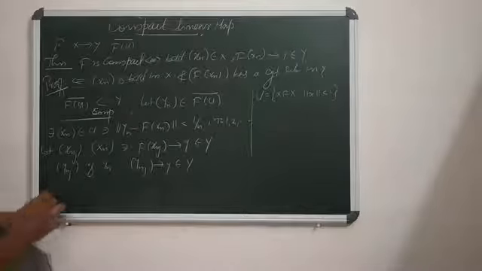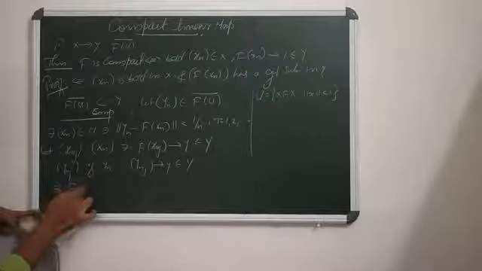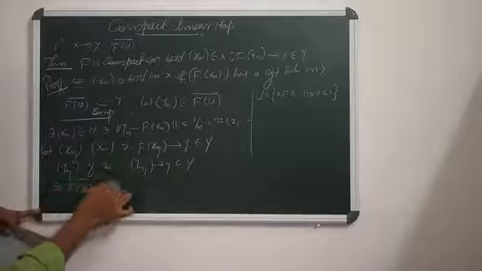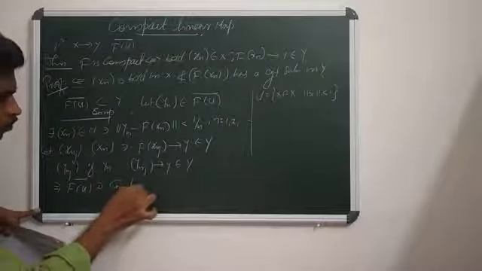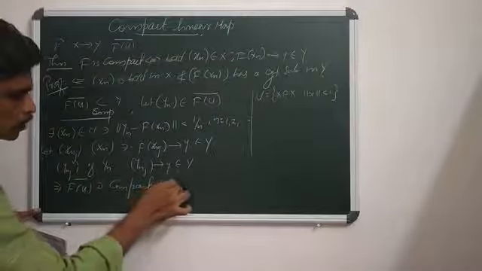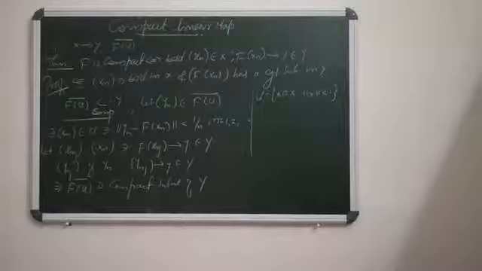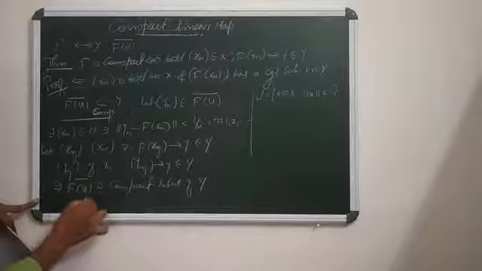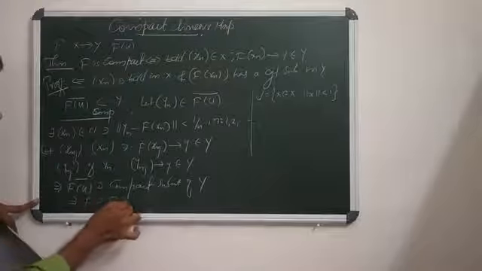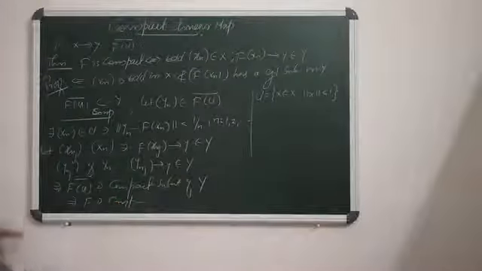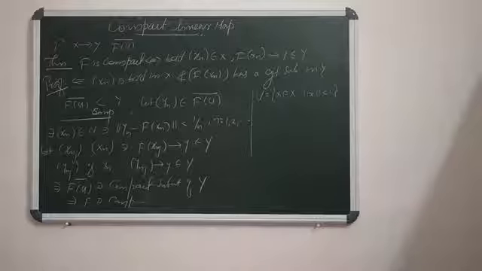Therefore, from that argument, we have f of u closure is compact. F of u closure is a compact subset of y. Then clearly f is a compact linear map by definition. Okay, so this is the reverse direction.